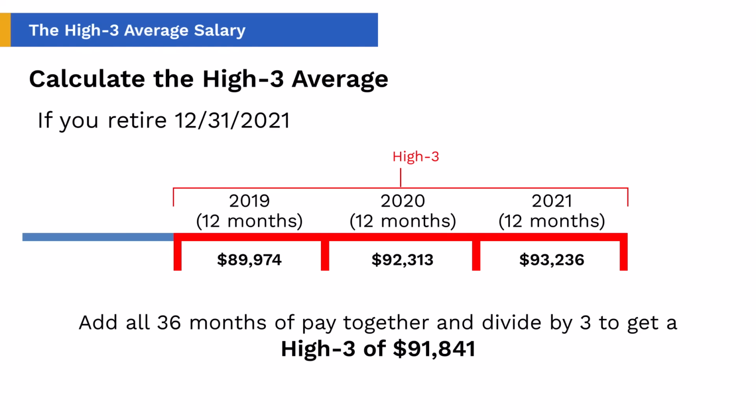So we come up with a High-3 average of $91,841. Now, like I said, these are rough numbers. Pay years don't always end on December 31st and start on January 1st, so your HR will dial this in a little bit closer, but this is pretty spot on. So this is what the High-3 looks like if you do what you say you're going to do and retire at the end of this year.